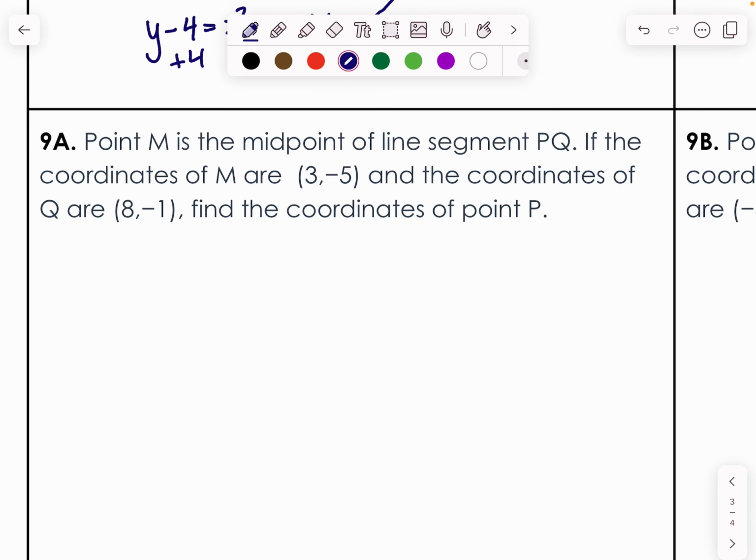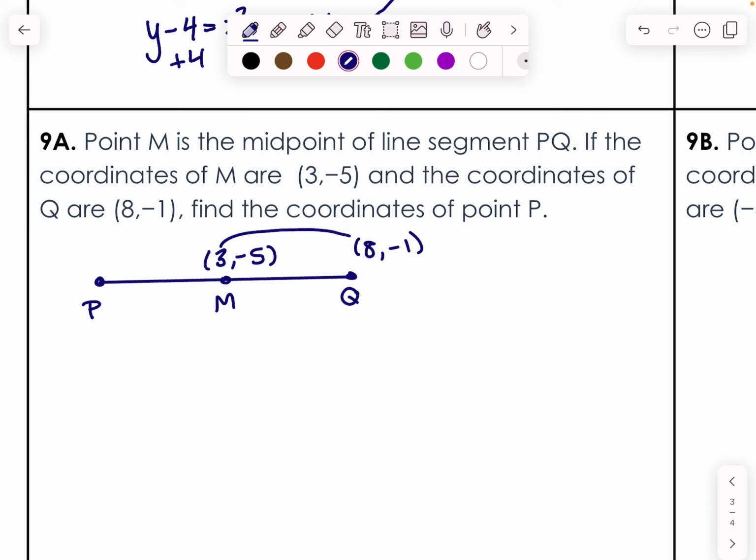Okay, so then looking at 9A, point M is the midpoint of line segment PQ. So here are P and Q. My M is the midpoint. So the coordinates of M are 3, -5, and the coordinates of Q are 8, -1. All right, so what I like to do is just look at the x values. So to get from 3 to 8, I add 5.